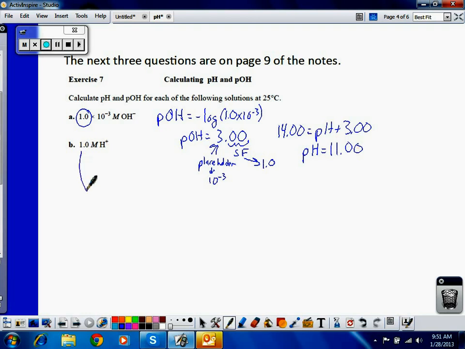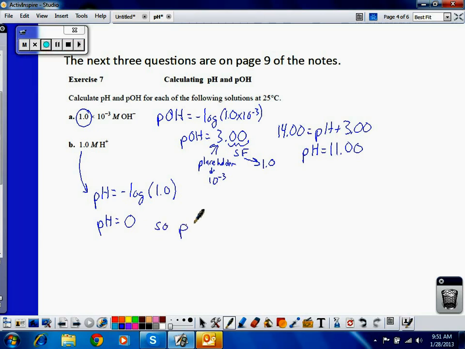For B, I have a 1 molar solution of H+, so pH equals the negative log of 1. So the pH equals 0, because the log of 1 is 0.